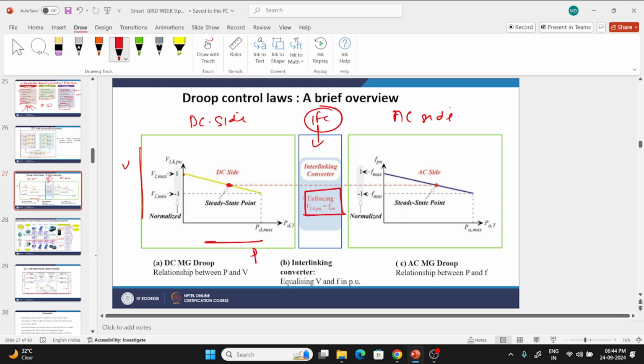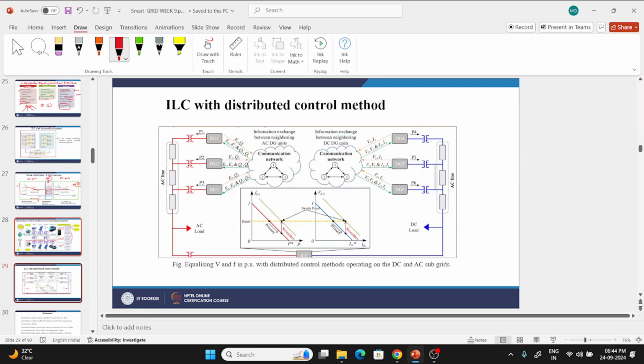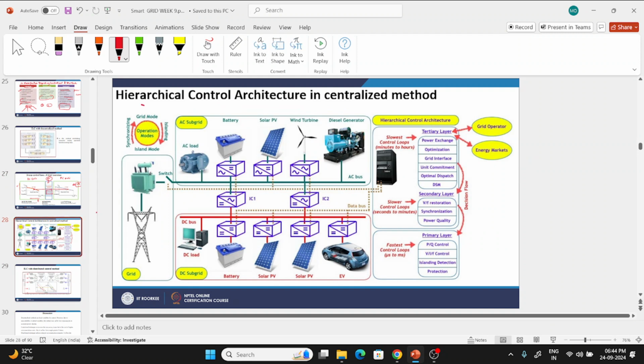This is the relation. Based on that, we can see here droop control. This is the steady point which will link the voltage and the F in this droop control.